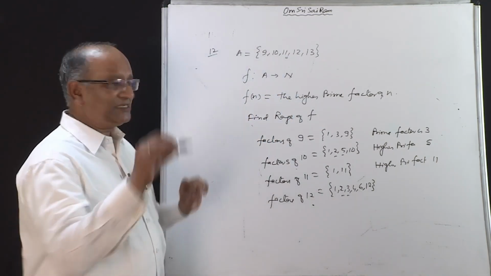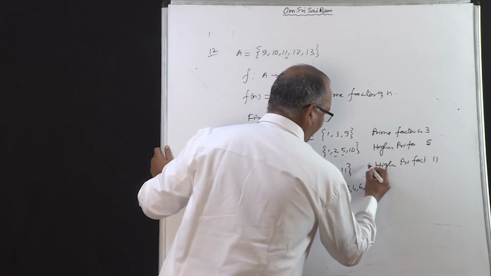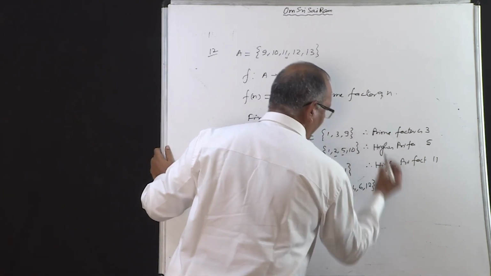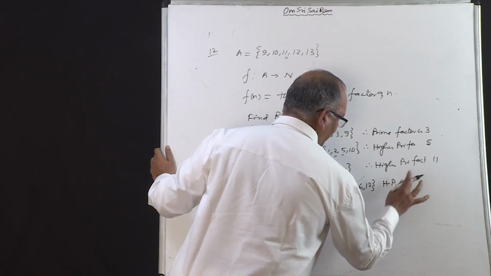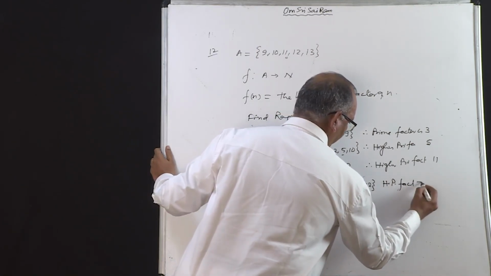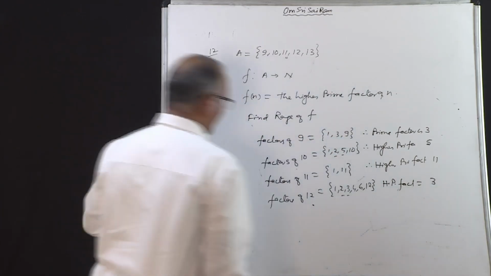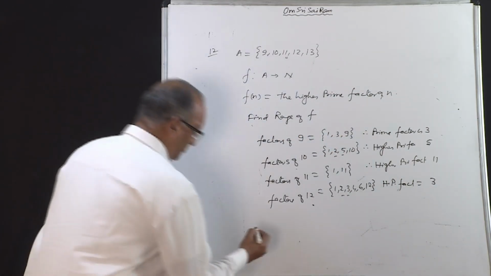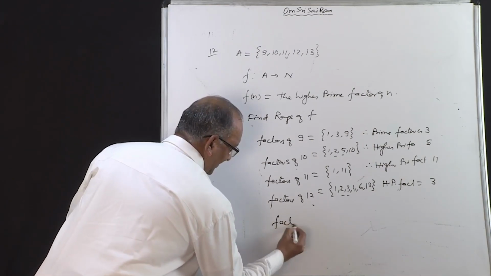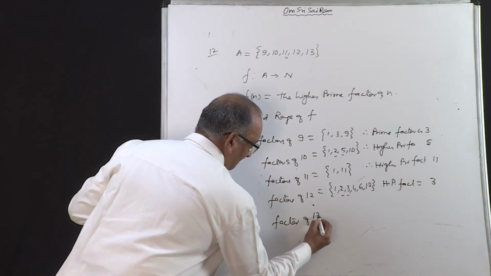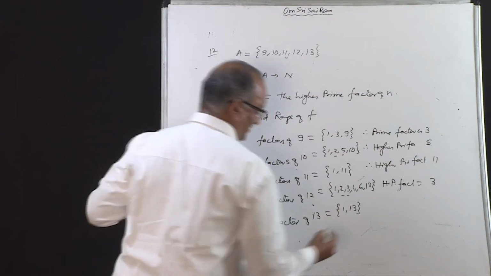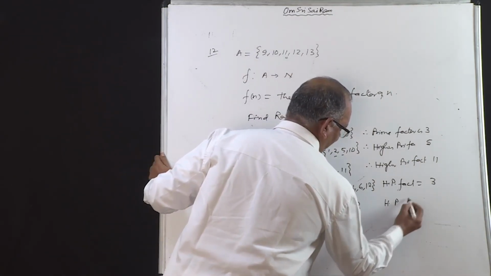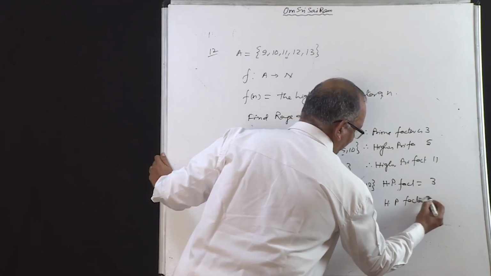Among them, choose the highest prime factor. Finally, 13. You know that 13 itself is a prime number. So the factors are only 1 and 13, and the highest prime factor is 13.